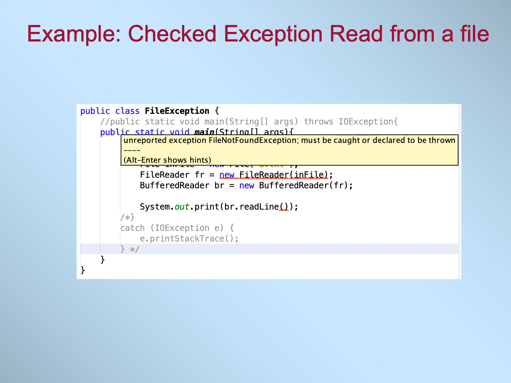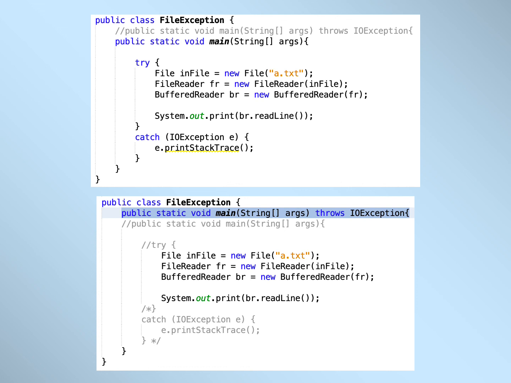For example, for a checked exception, trying to read from a file. If I don't handle the exception, it will give me an error saying unreported exception FileNotFoundException, it must be caught or declared to be thrown. So, two ways to do it.